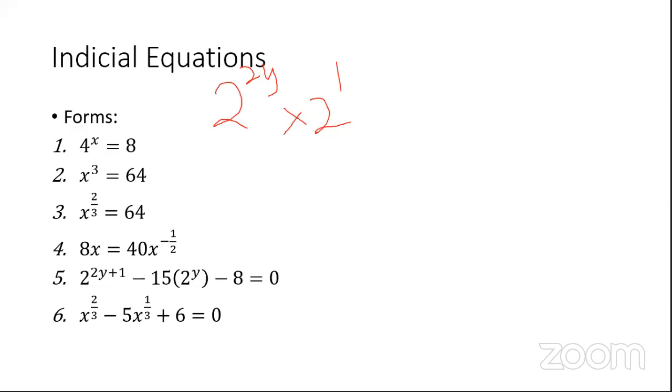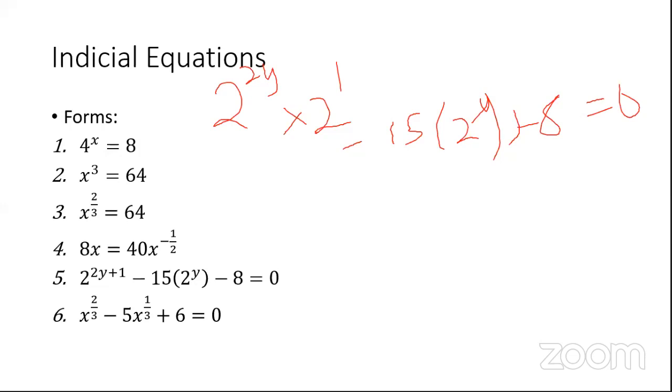Then the other one I have is minus 15 times 2 raised to power y minus 8 equals 0. So anywhere you see 2 raised to power y, you can represent it with something. How do we do that?